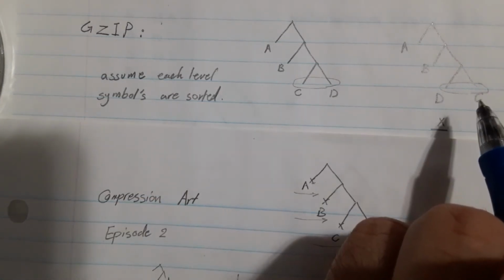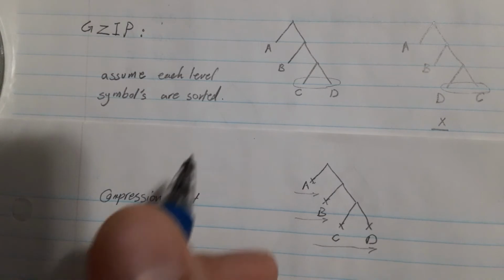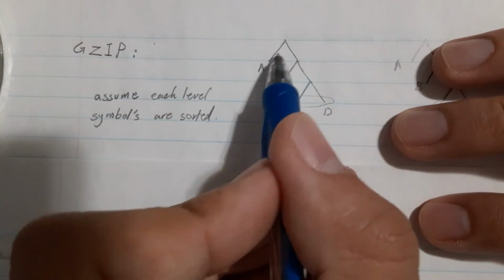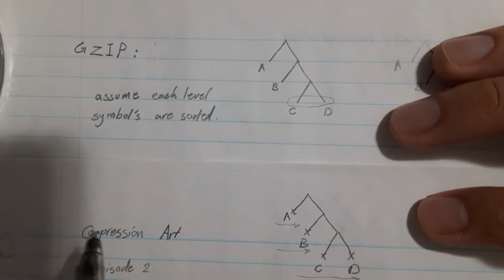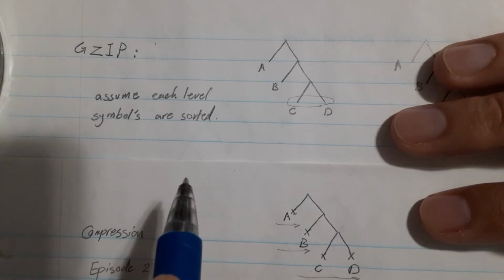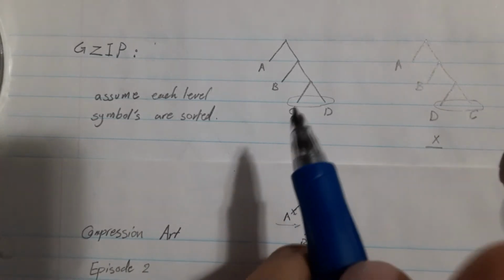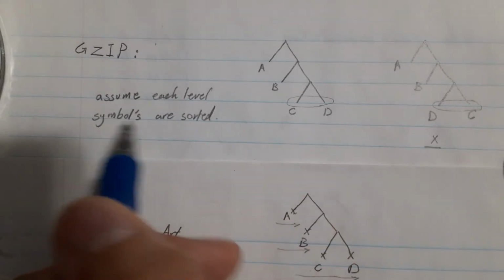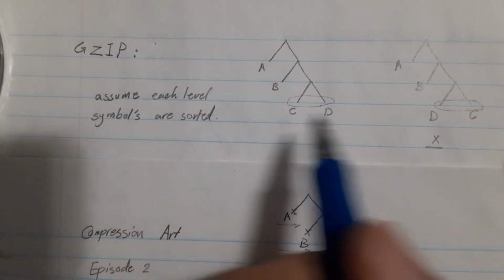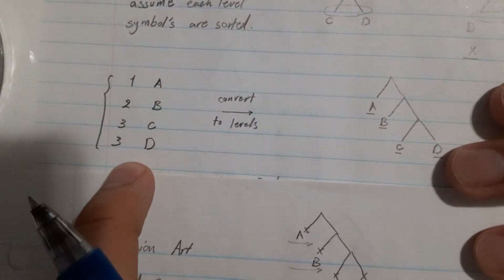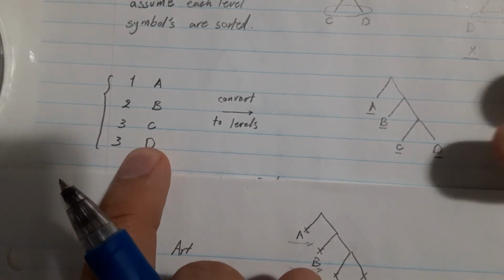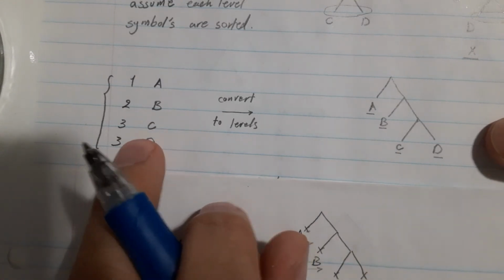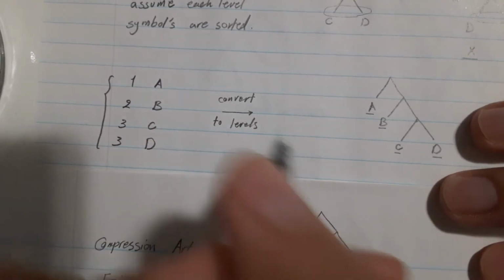Then, based on this information, if I know the length of each symbol, then I know on which level each symbol is, right? And if I know on which level each symbol is, I can associate it using this assumption that we added, that each level is sorted. So if we have the length of each symbol, first I have to convert this to the JPEG format.